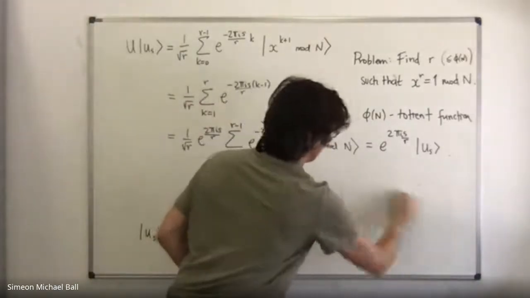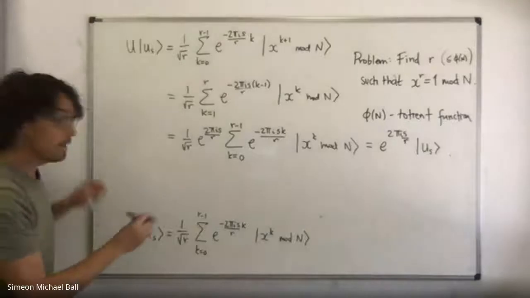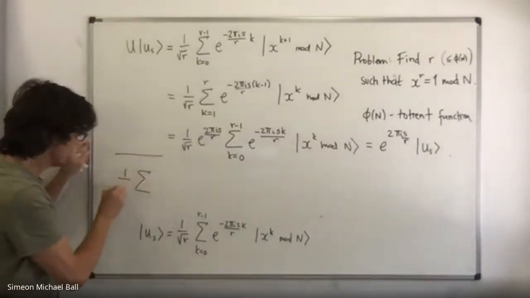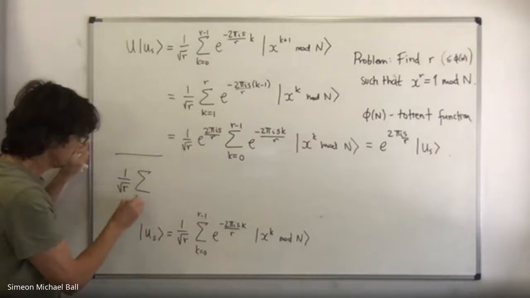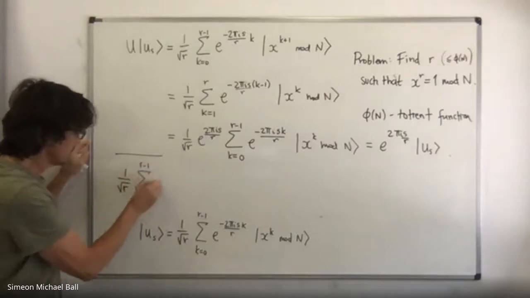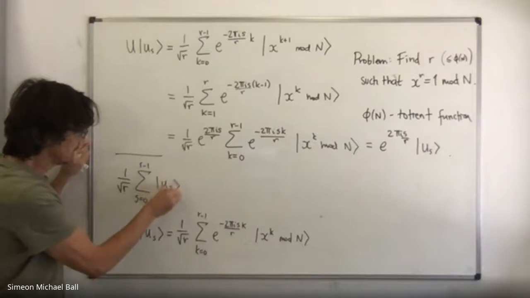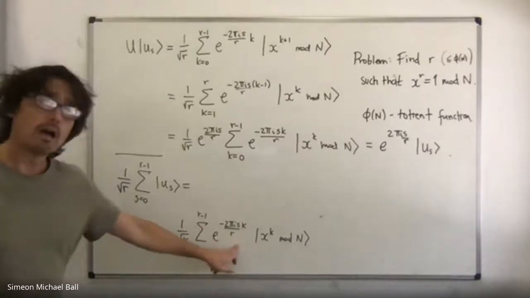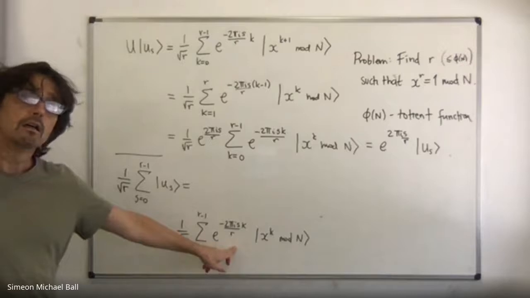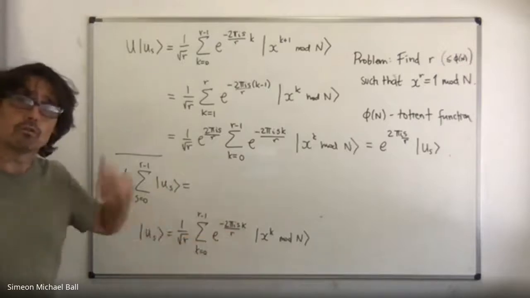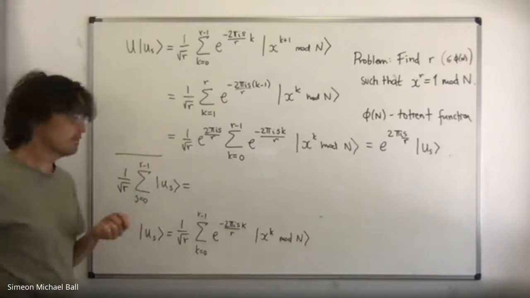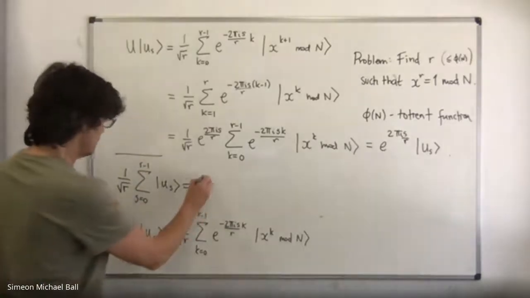What would happen if we looked at the sum, let's normalize it, s is 0 to r minus 1 of u s. You can see that we're going to be summing at some point complex roots of unity over all roots of unity. So we know that this is going to be 0 a lot. Let's see what happens.